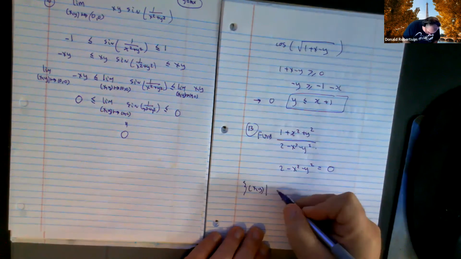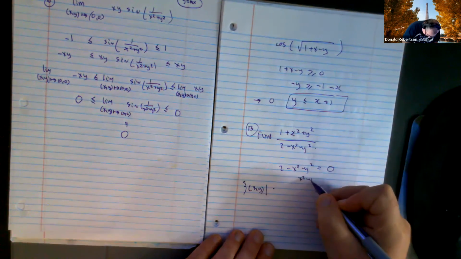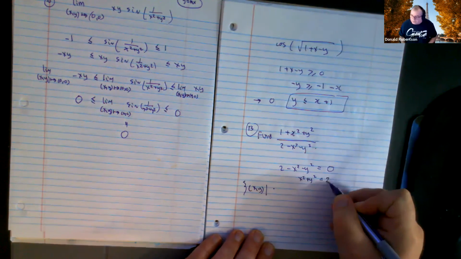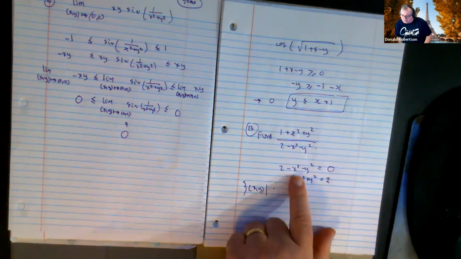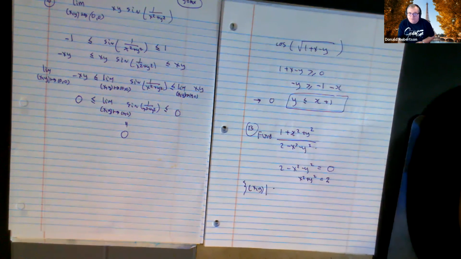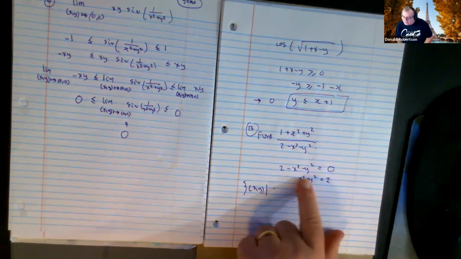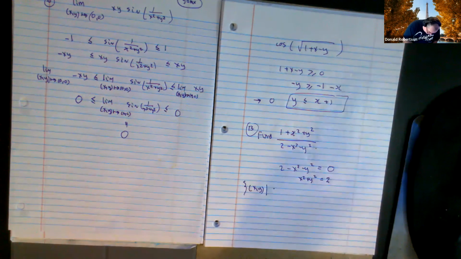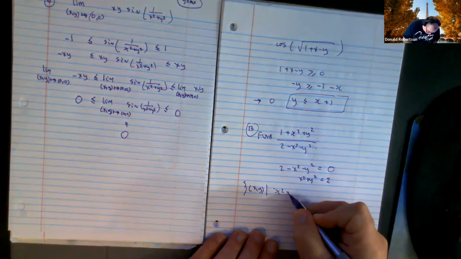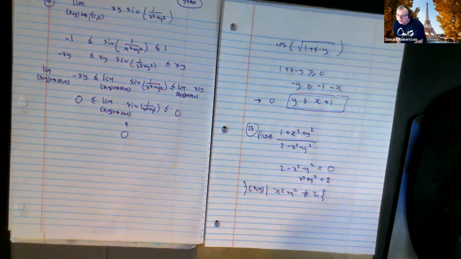This is already given to you. If you rearrange this, isn't it the same thing as saying x squared plus y squared equals 2? Are you comfortable with that being 0 is the same as saying this is 2? If you want to see the in-between lines, I can put them in. But is it kind of obvious that 2 take away that's nothing, so this is 2. So I am looking for x squared plus y squared not being 2, right? As long as it's not 2, you're good to go.